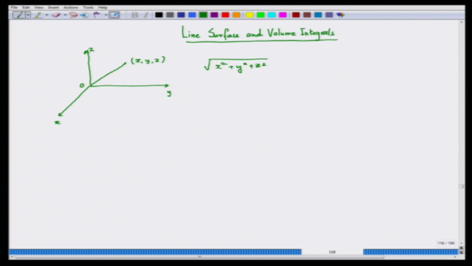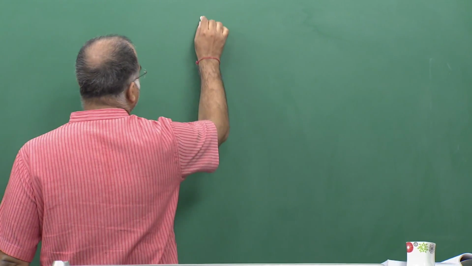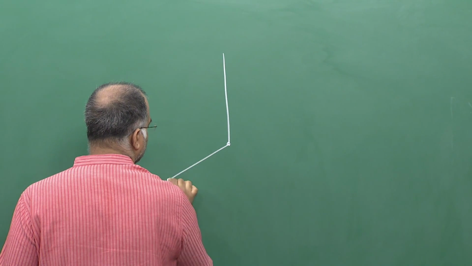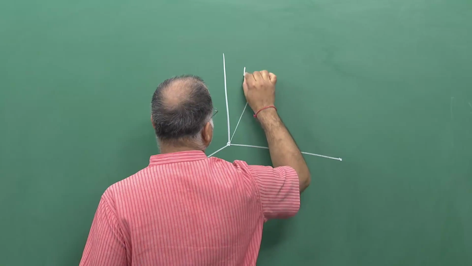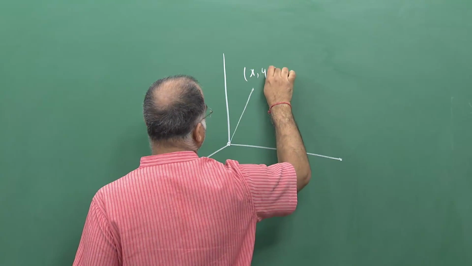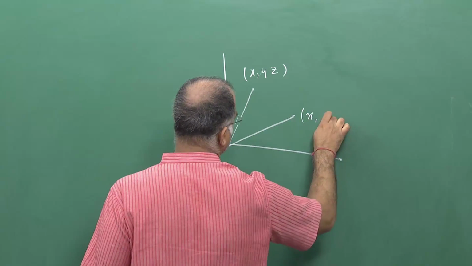Now, if you look at this point x, y, z, it has one direction, if this is the origin. If I take the origin at some point, and if I take a point here, it gives me x, y, z, and then if I take a point here, it gives me another, x1, y1, z1.